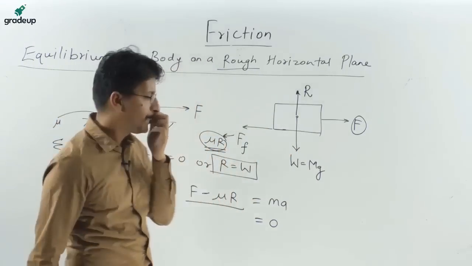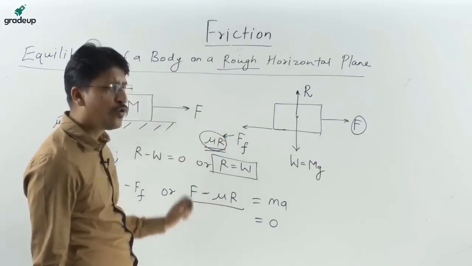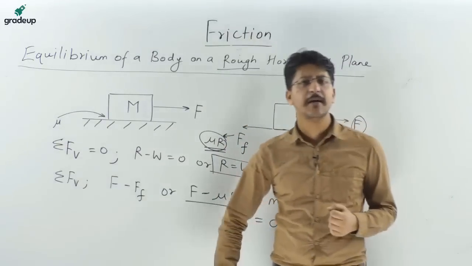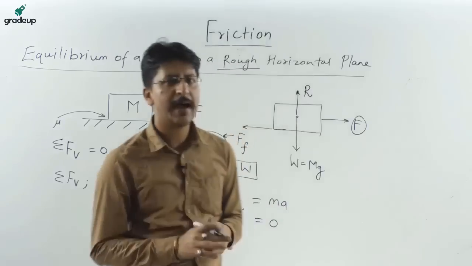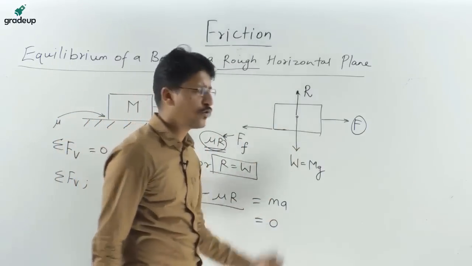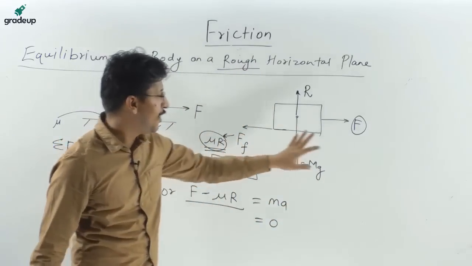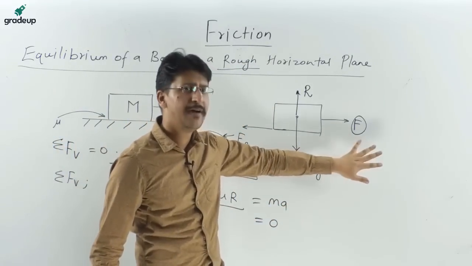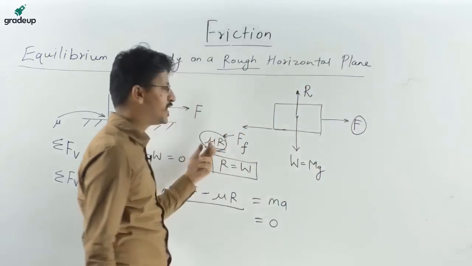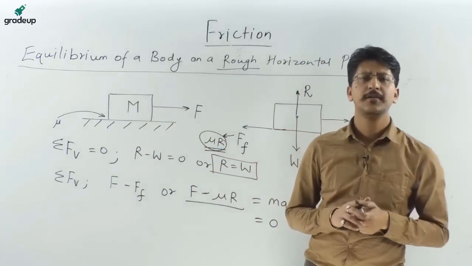Okay, if this F is less than that, because the friction force, as I made you understand in that example when there was a box kept and we were pushing it with the force of 10 kilonewton, 15 kilonewton and so on, at that time I told you that if the applied force is less than the limiting value, then the friction force adjusts itself in such a way that there is no motion between the bodies.